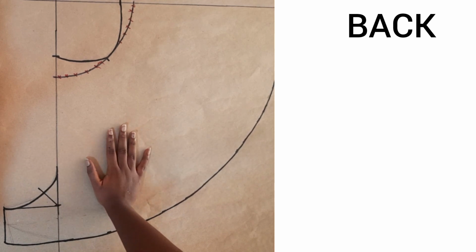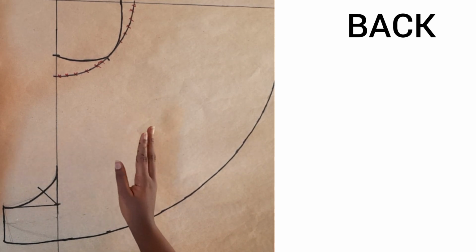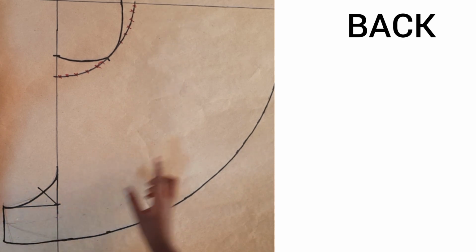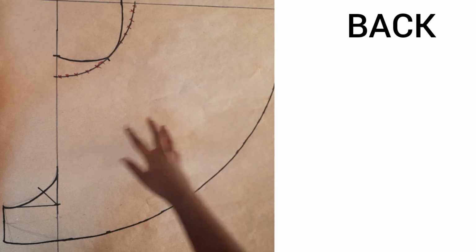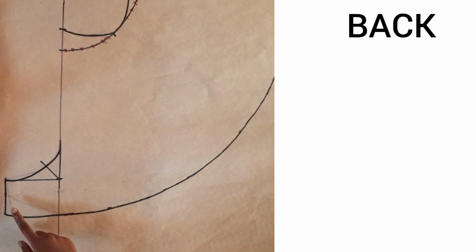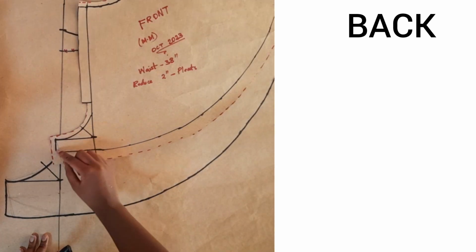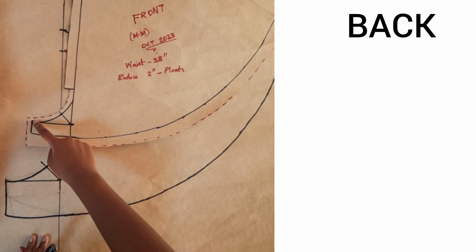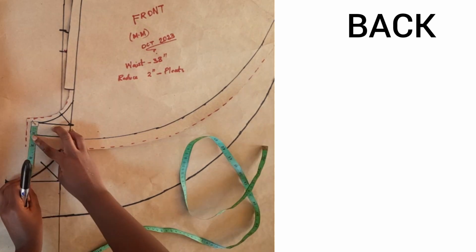But since mine is a high-low short, I need to make adjustments where the front will be sewed together with the back, so at the crotch and also the side. The thing I'm going to do is measure this without the seam allowance. I'm going to measure this part of the front. Mine was 1 inch.